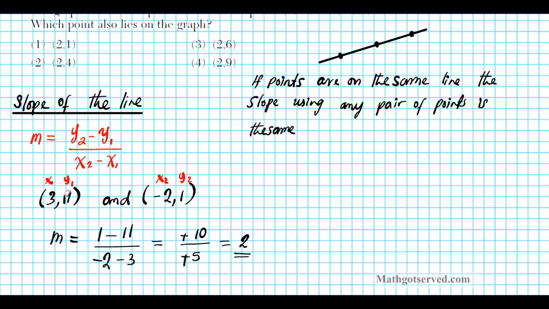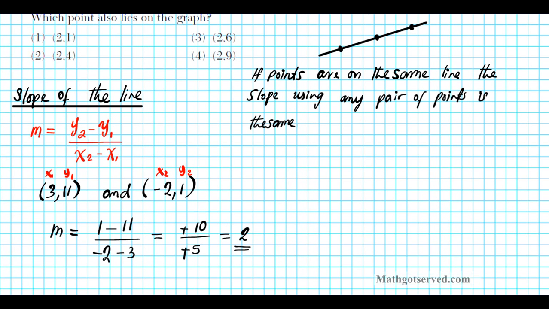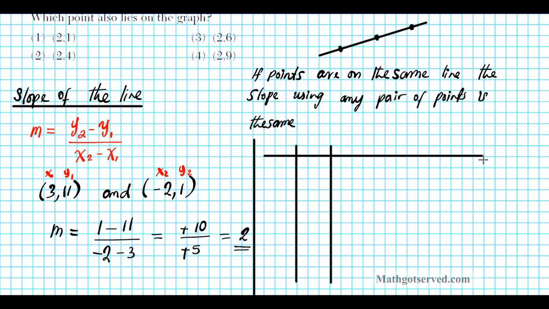Now, I'm going to take point 1 as x1, y1, and test the options as my x2, y2. Any result that yields 2 will be the correct answer. I'm going to make a table here to keep my work organized. Let's partition our workspace. I'll have x1, y1 here, then x2, y2, and another column where I'll calculate my slope.